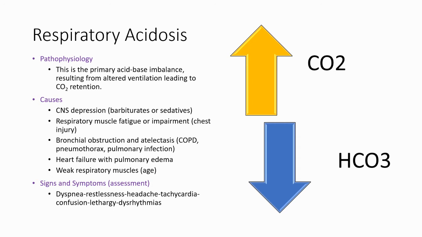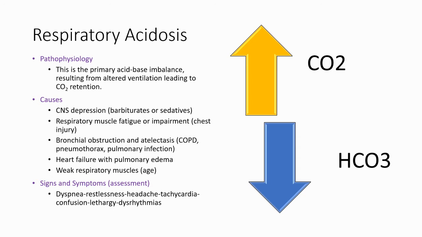Also, bronchial obstructions such as asthma can cause respiratory acidosis, heart failure with pulmonary edema, and weakened respiratory muscles. Now, there are a number of neuromuscular diseases that can cause this, but I primarily indicated age here. So as we age, we have weakened respiratory muscles.